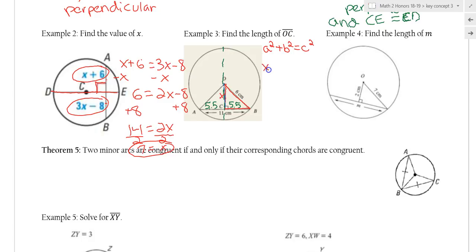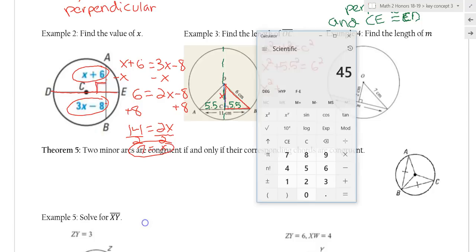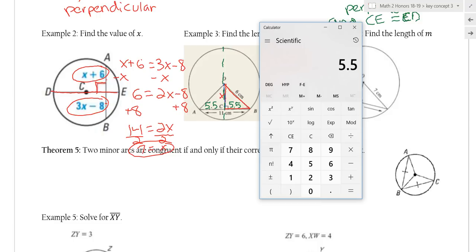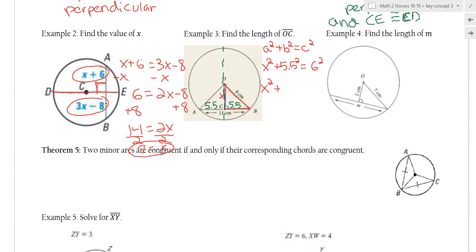So I have x squared plus 5.5 squared equals 6 squared. What is 5.5 squared? I don't have my other calculator up, so I'll use this one. 5.5 squared is 30.25.